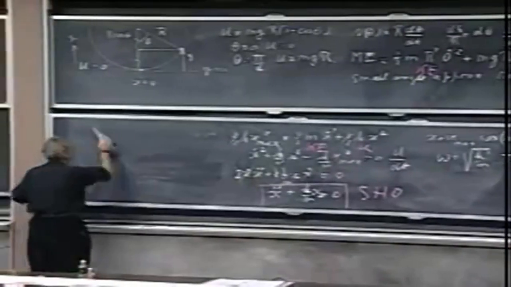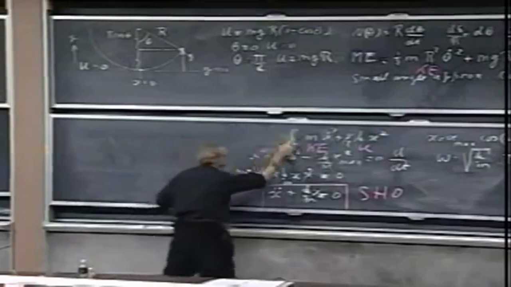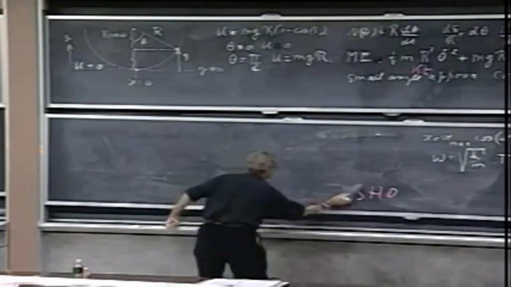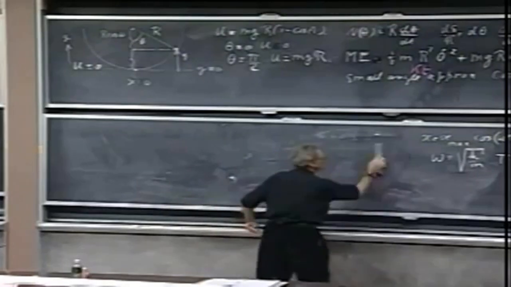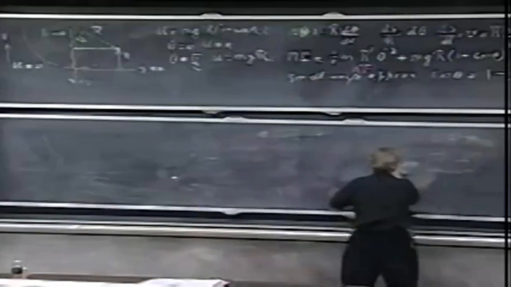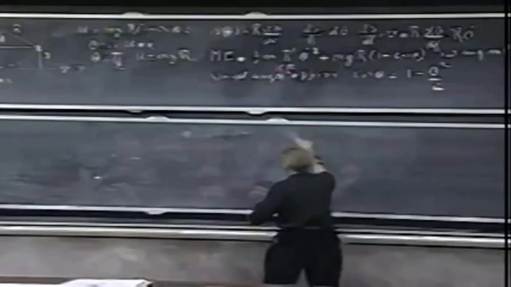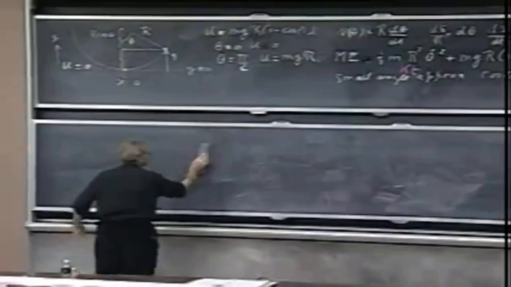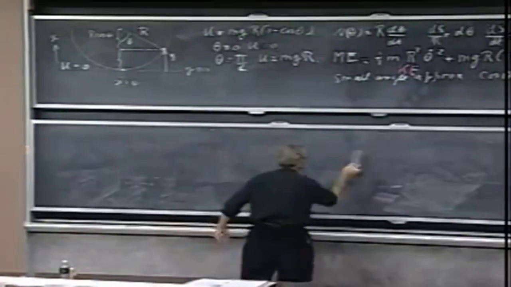You can see it best. And I will massage that equation a little further. And of course, you can already guess what I'm going to do. I'm going to take the time derivative, just as I did in the case of the spring.